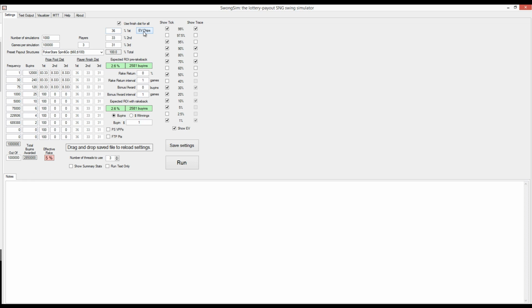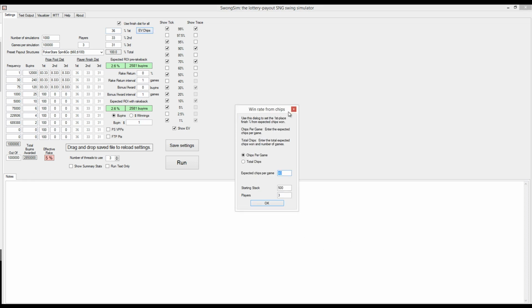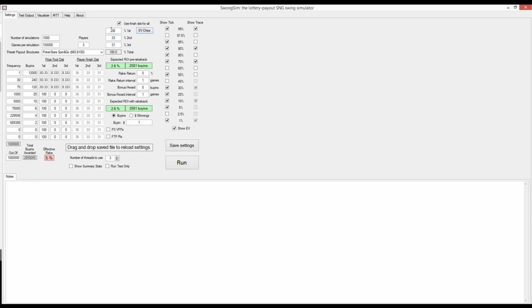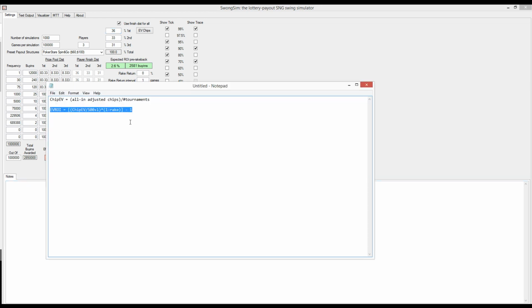But I did want to show you as well, before I forget, in SwongSim you can put in percent win rates. And actually, if you are interested, you can get your expected win rate. So you could think chip EV win rate.